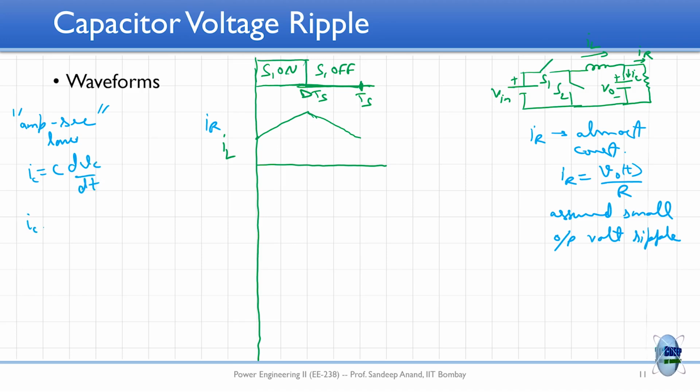You integrate from 0 to Ts, from capacitor voltage at 0 to capacitor voltage at Ts, assuming steady state, the right side integral will be equal to 0 and you will get the expression that average current in the capacitor is equal to 0 at steady state. Alright? Okay?